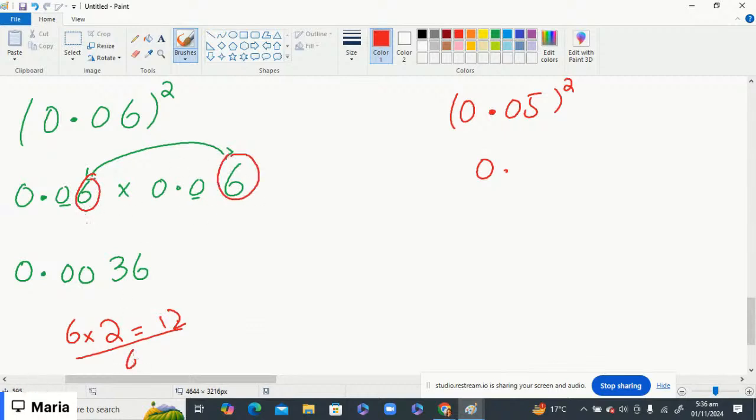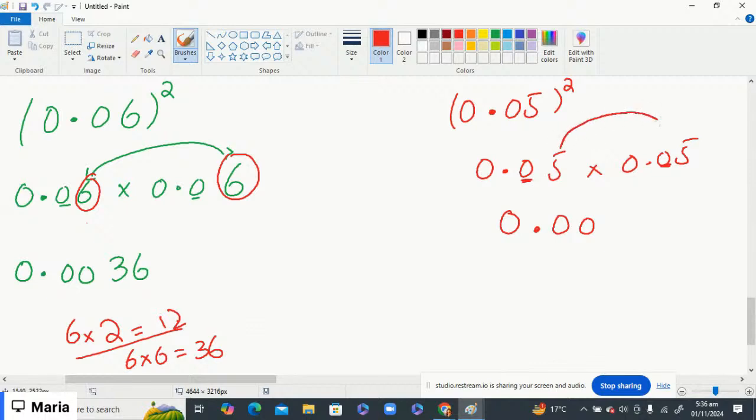So 6 times 6 is 36. Okay, so 0.05 times 0.05. So here we are going to put 0, then the point. How many zeros after the point? Look here. Two zeros. Just put 2 zeros here. Then simply multiply 5 with 5. 5 times 5 is 25.